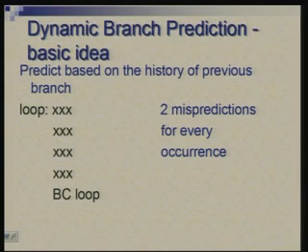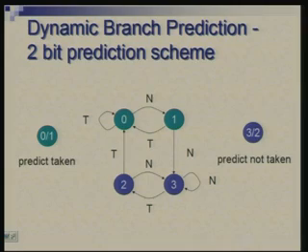So, to make dynamic branch prediction more effective, we need to modify our dynamic prediction strategy, and one possible scheme which is commonly used is shown here. Instead of just remembering what happened in the last branch, you try to remember a little more.